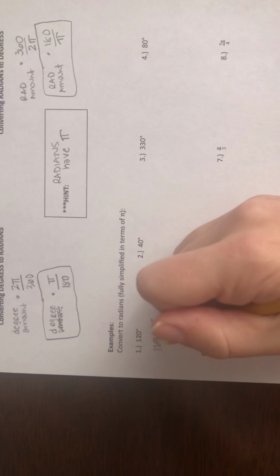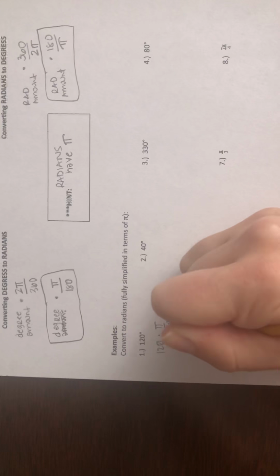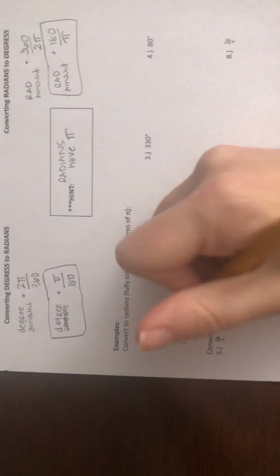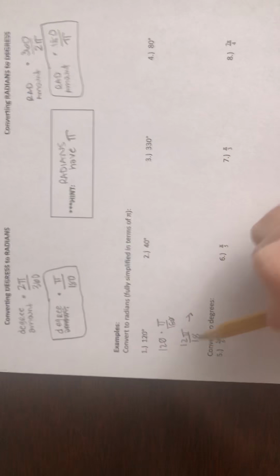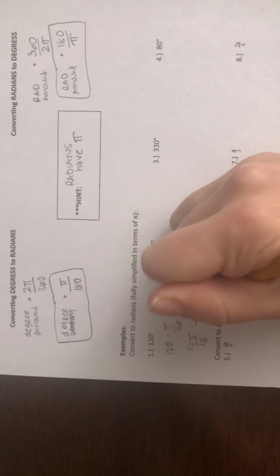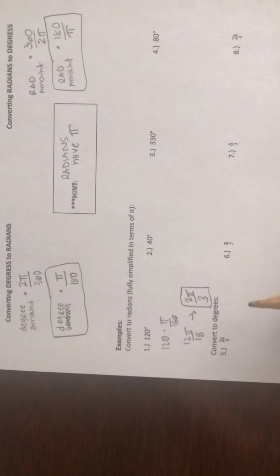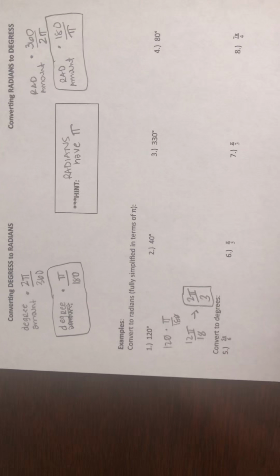Well, I can see the zeros, first of all. So it's 12 pi over 18, but that's not fully simplified. 12 and 18, 6 goes into both of them, making this 2 pi over 3. That's how I want it written: a fraction, fully simplified, no decimals, and I want the pi still there.